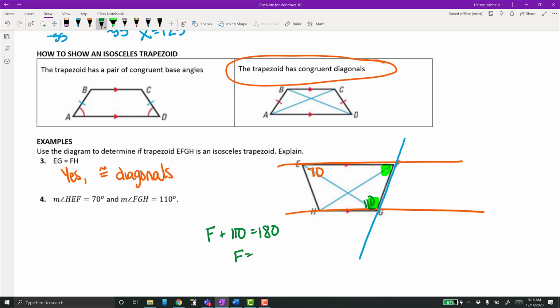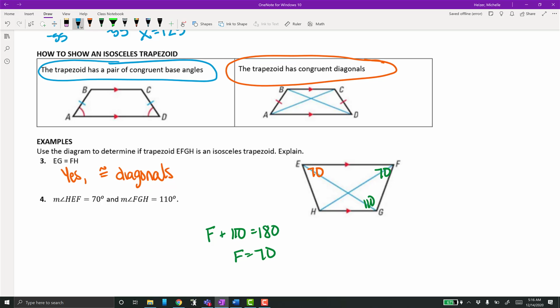That means F equals 70. Well, now I have a pair of congruent base angles, and congruent base angles fall under this criteria. So yes, this is an isosceles trapezoid because we have congruent base angles.